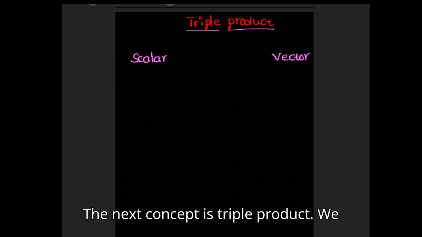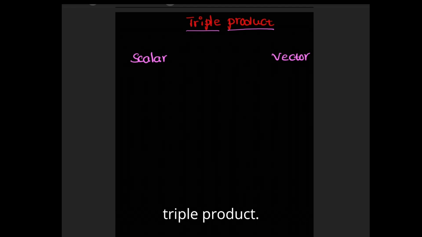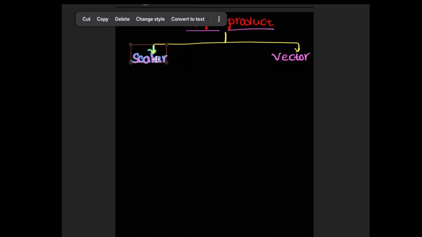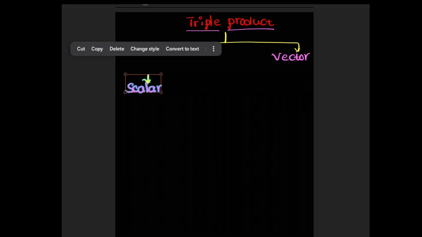The next concept is triple product. We have scalar triple product and vector triple product. Now let us see the scalar triple product.